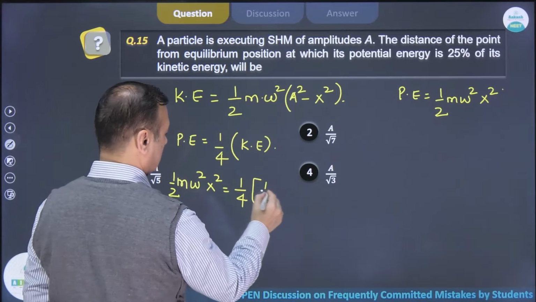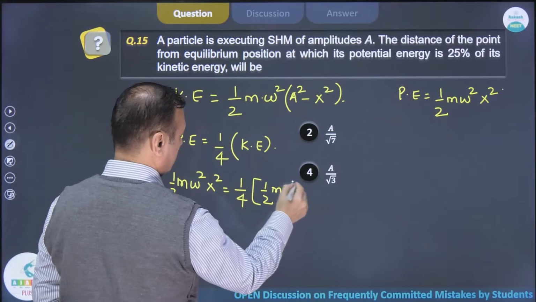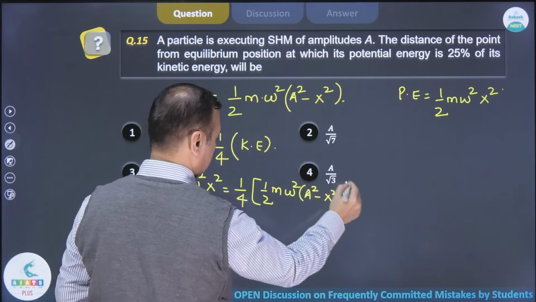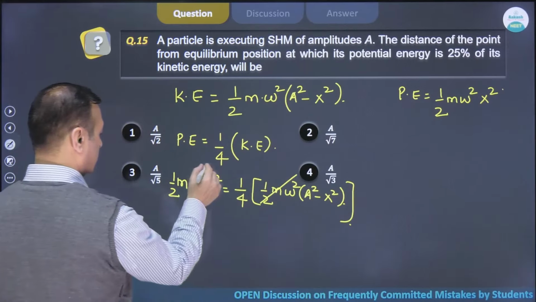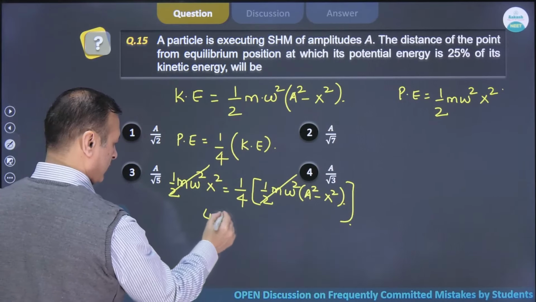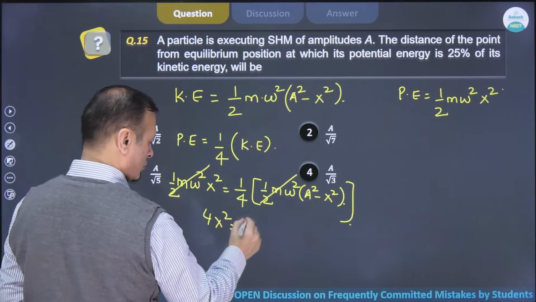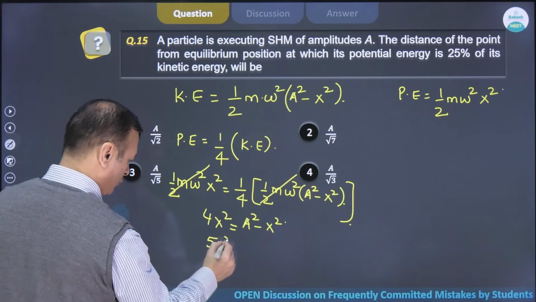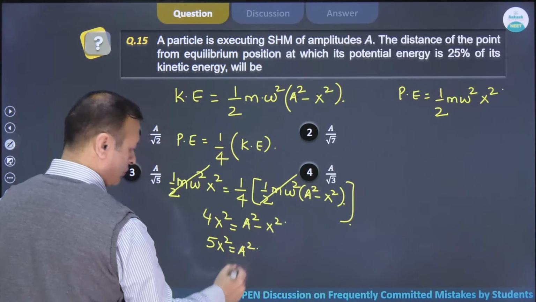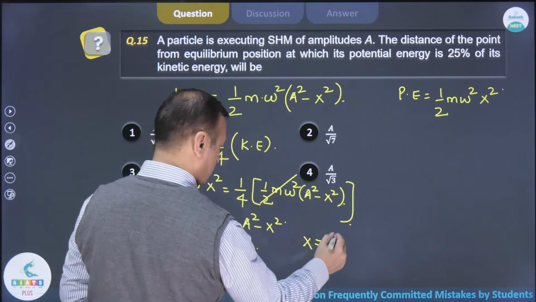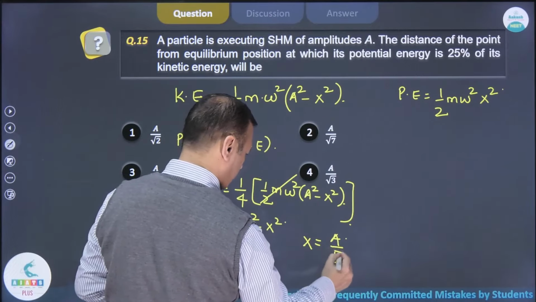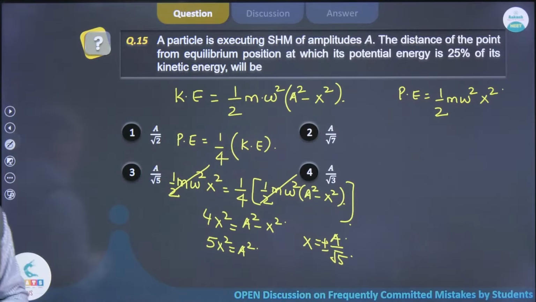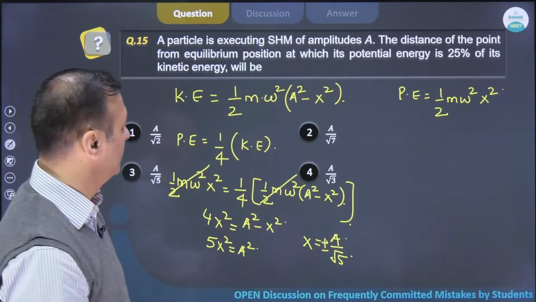So potential energy, half m omega square x square, is equal to 1 by 4 of your kinetic energy, half m omega square (a square minus x square). So this common part goes. So 4x square is equal to a square minus x square, or you say 5x square is equal to a square. So x comes out to be a by root 5, plus minus, meaning on both sides of its mean equilibrium position.